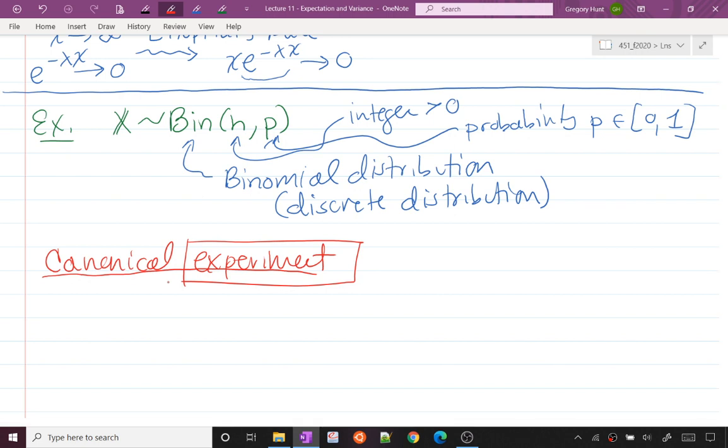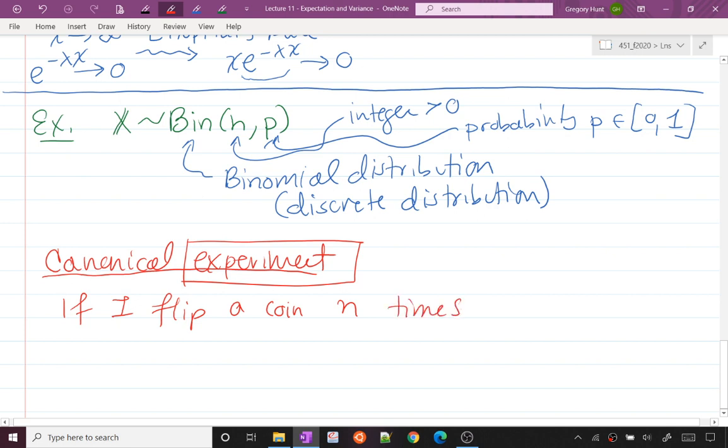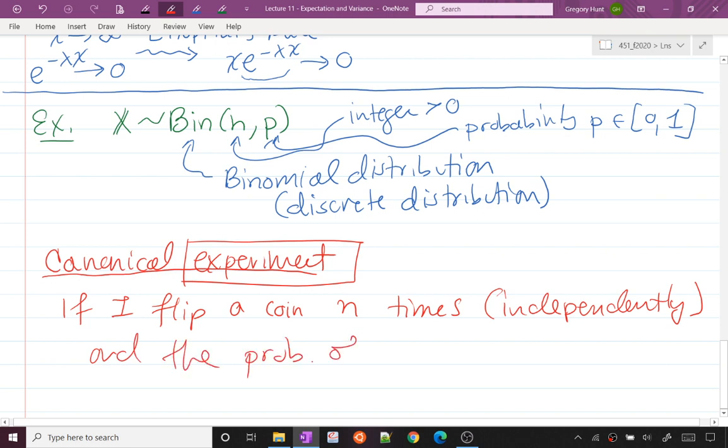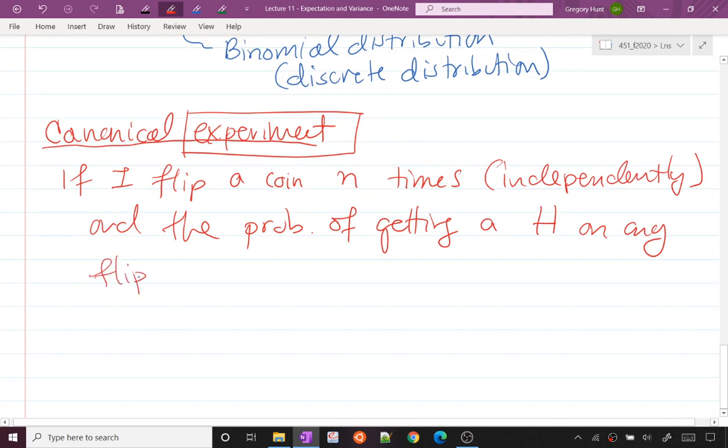And the canonical experiment for a binomial random variable would be if I flip a coin n times, so here's my parameter n, this integer, and let's say n times independently, and the probability of getting a heads on any flip is some p, some probability between 0 and 1.